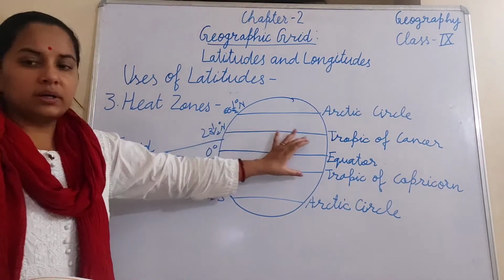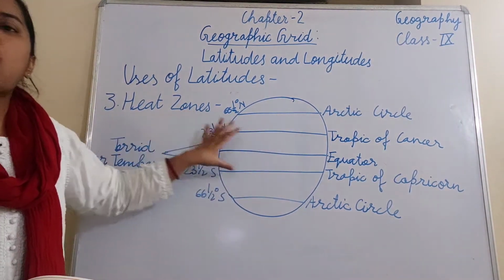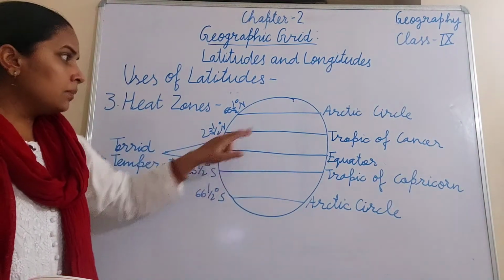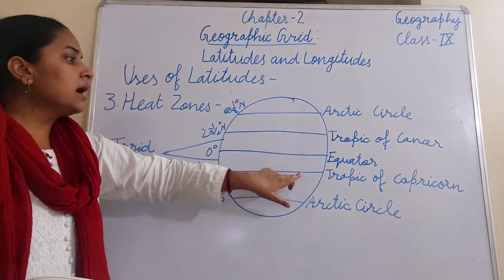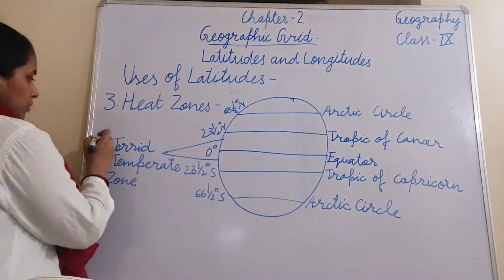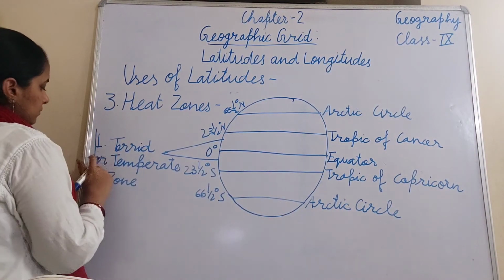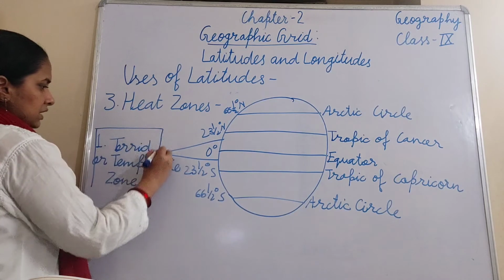This particular area is the hottest zone of the earth, between the Tropic of Cancer and the Tropic of Capricorn. So this is our first heat zone.